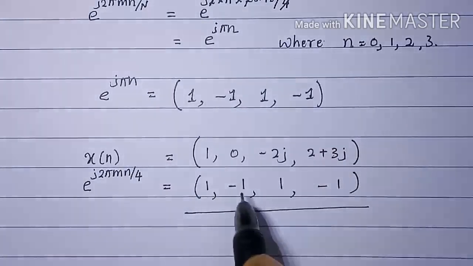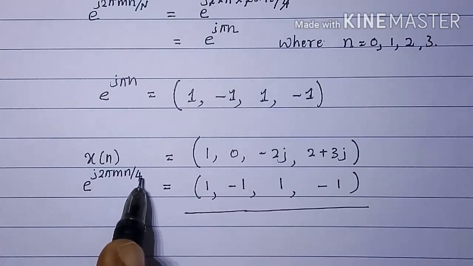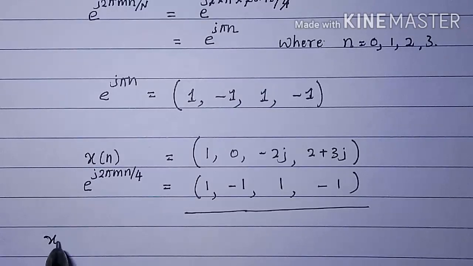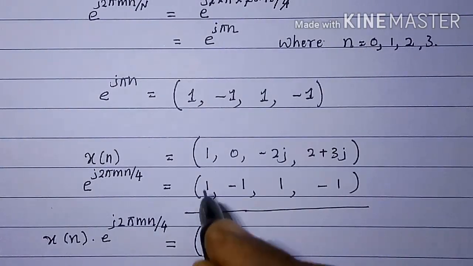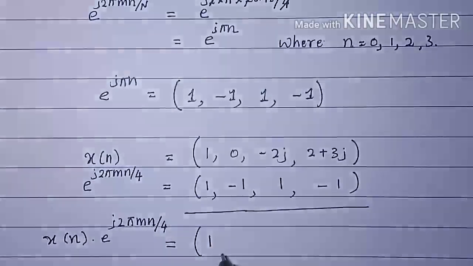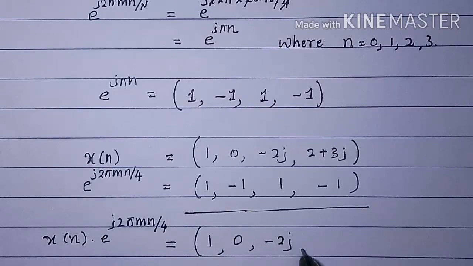Multiplying sample by sample, x of n into e raised to j2 pi mn by 4 is equal to 1 into 1 is 1, 1 into 0 is 0, 1 into minus 2j is minus 2j, minus 1 into 2 is minus 2, minus 1 into 3j is minus 3j.